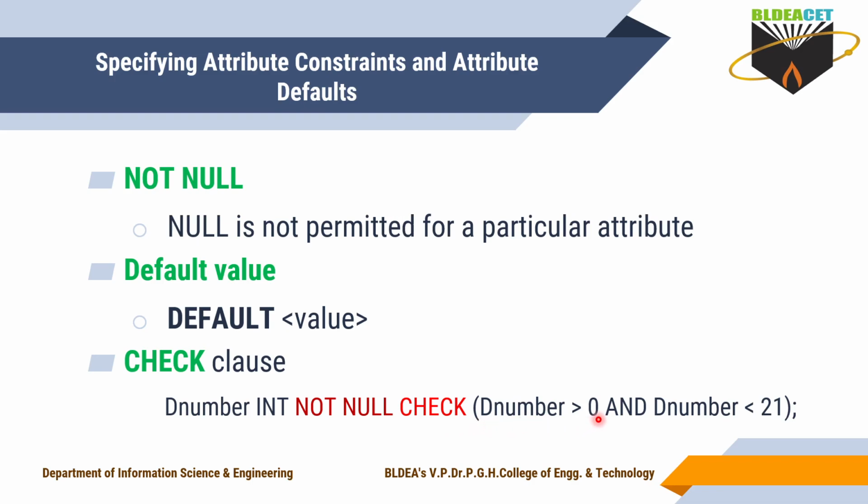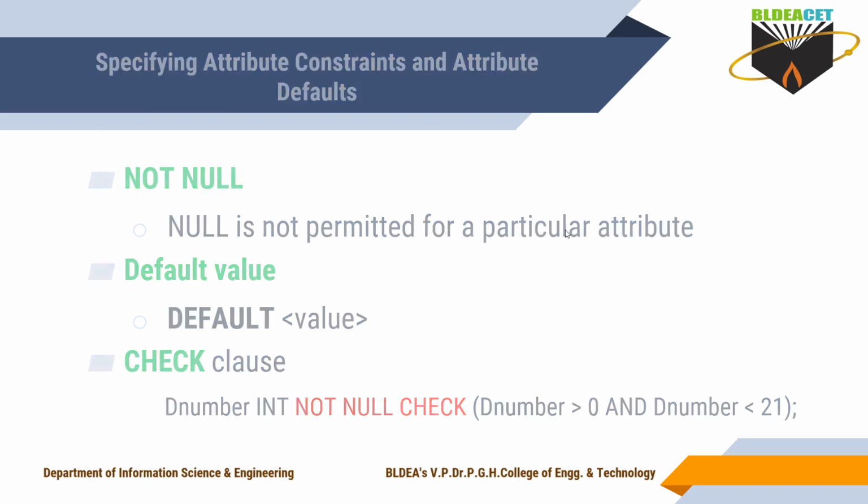Department number must be greater than 0 and less than 21. So the value you enter for the department number must be greater than 0 and less than 21. This condition is checked, and only such values are accepted. For example, if I enter 22, it gives an error message. That is what we call the check clause constraint. These are some of the conditions you can specify for attributes.